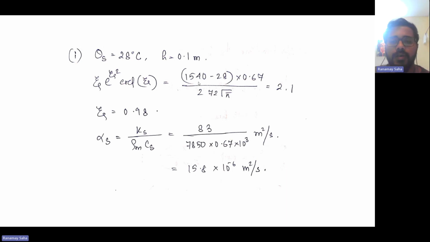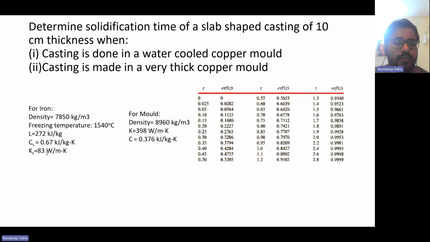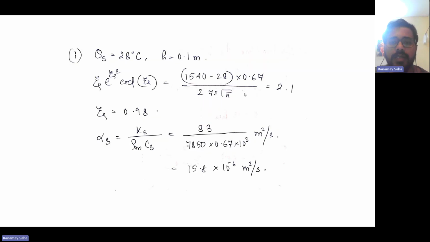So you have xi e to the power xi square, error function of xi equals the freezing temperature 1540 minus the initial temperature 28 degrees centigrade, multiplied by C, the specific heat capacity given as 0.67 for iron, and then you have L, that is 272 joule per kg, that is root pi. Okay? That is coming out to 0.1.